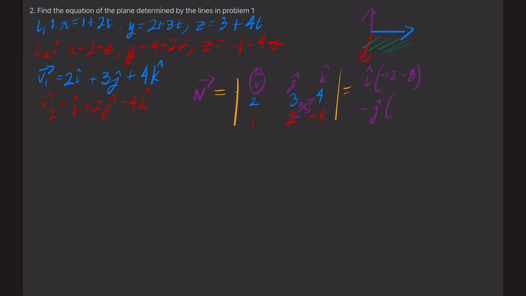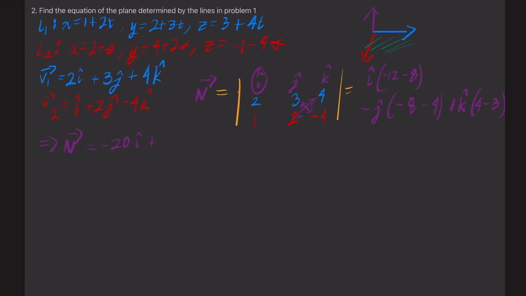Minus j times negative 8 minus 4, plus k times 2 times 2 is 4 minus 3. This implies that our normal vector is going to be equal to negative 20i plus 12j plus k.